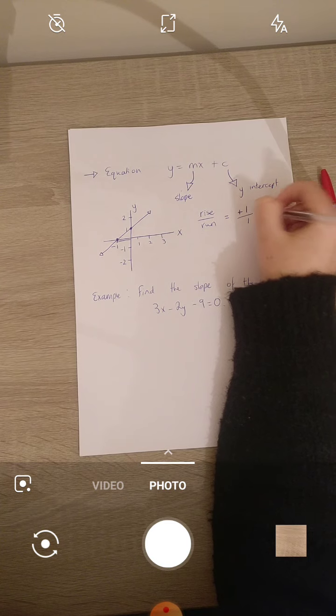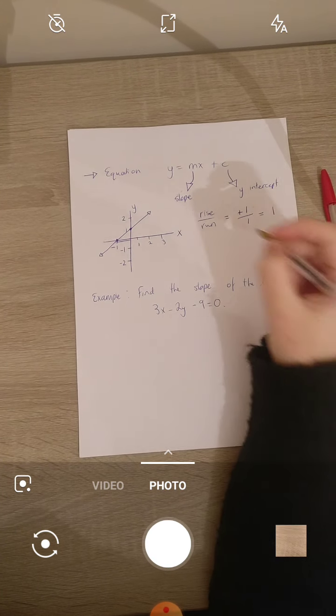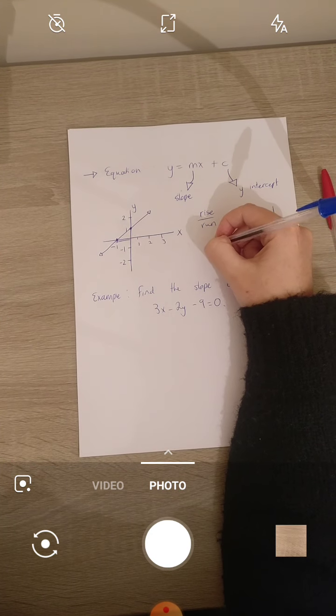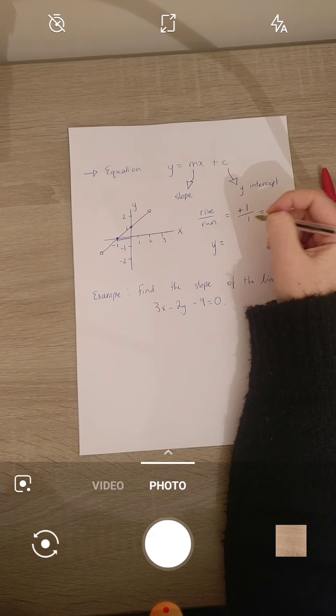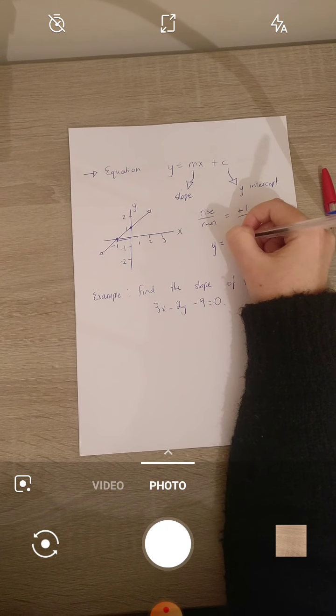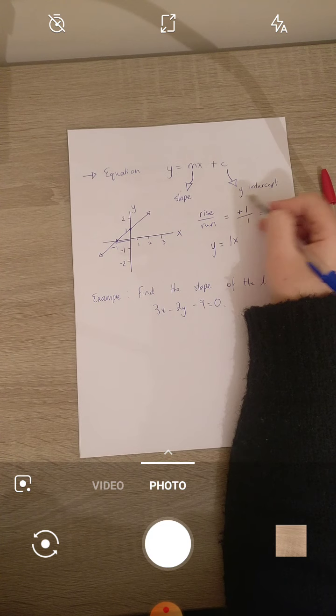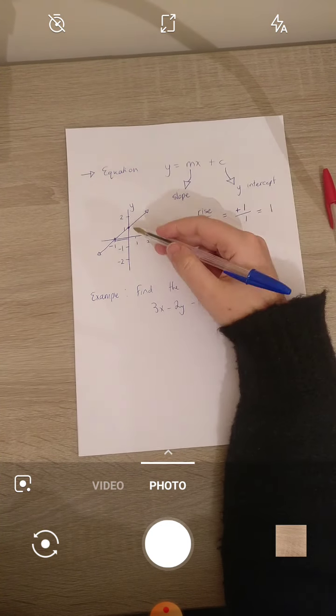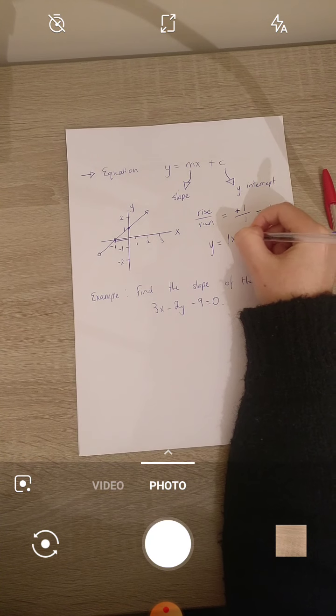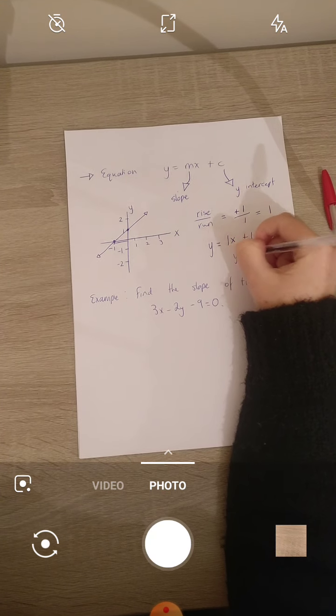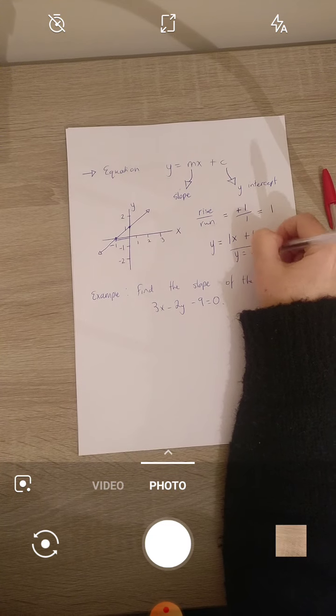So it's 1 over 1, which is just 1. So our equation is y equals 1x, and the plus c is where the line crosses the y-axis. So it's actually just 1x plus 1, or y equals x plus 1.